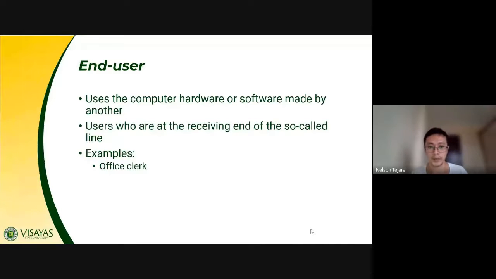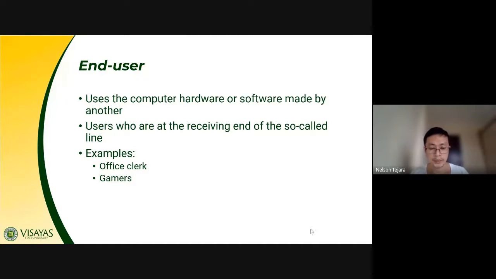They are the ones who use the computer or software made by another. They are plainly users of the computer who make use of computers for encoding, surfing the net, watching movies, playing some music, and some other things that you can do when you use a computer.